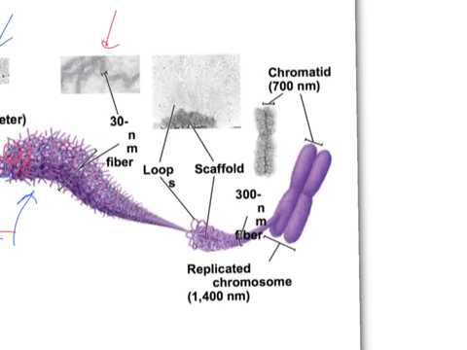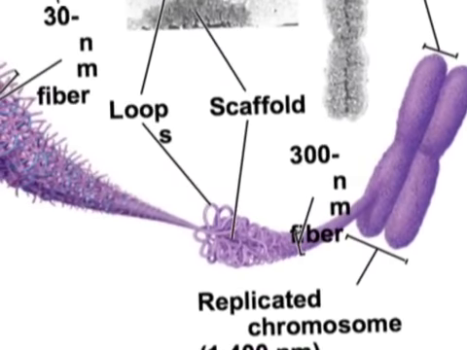Then that 30 nanometer fiber forms loops. It loops around, making a 300 nanometer fiber, larger in diameter but getting smaller and smaller in length. And that DNA is then looped together to form the DNA found in chromosomes.